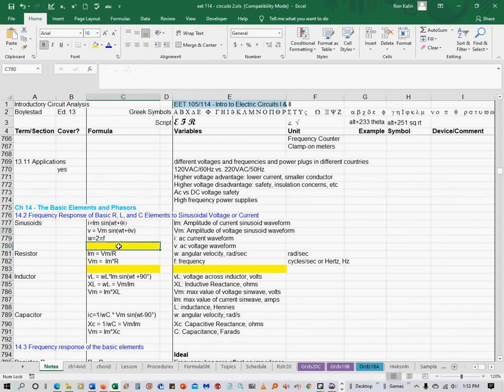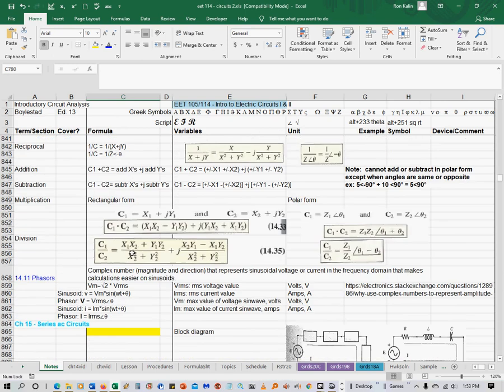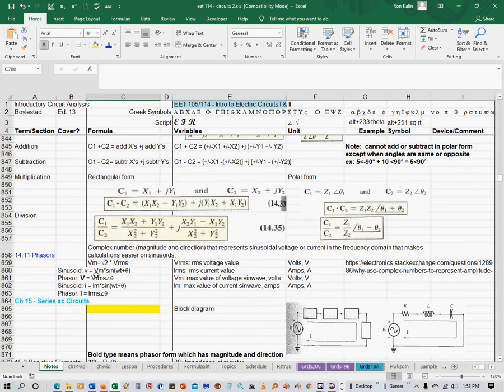So the two sinusoids look like this. In order to convert them into phasors, you take the V sub m, which is your amplitude. If you're converting a voltage, you would take the amplitude of that sinusoidal voltage, and that ends up equaling the square root of 2 times V RMS.